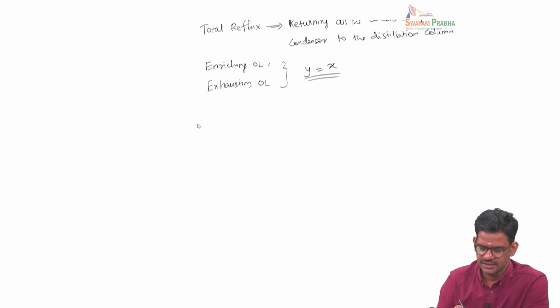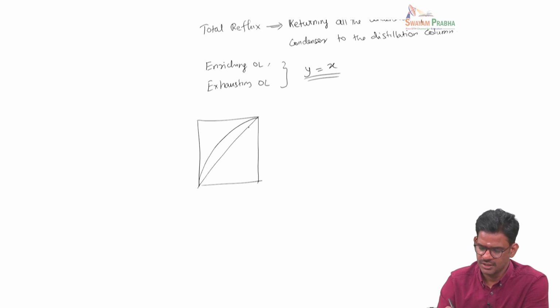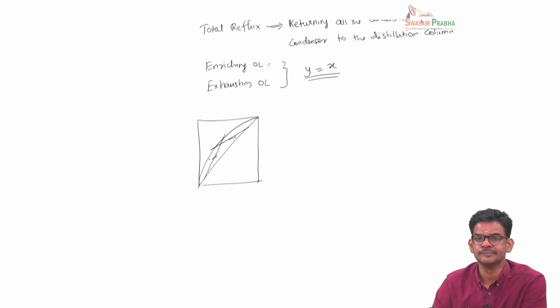So in general, for a finite reflux ratio, the enriching line and the exhausting line will have a particular slope.